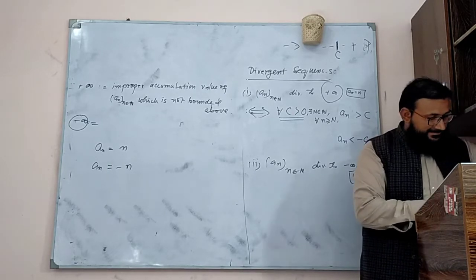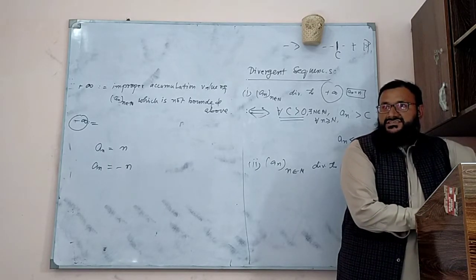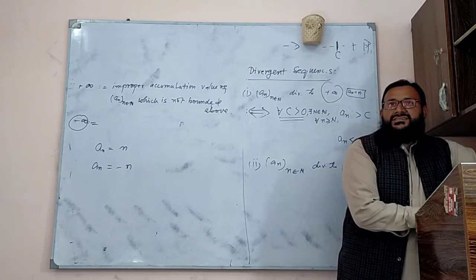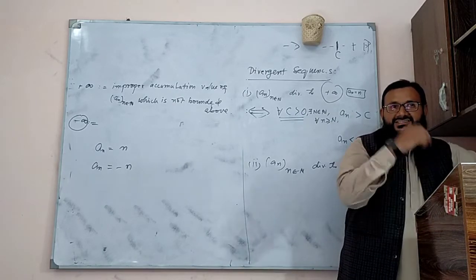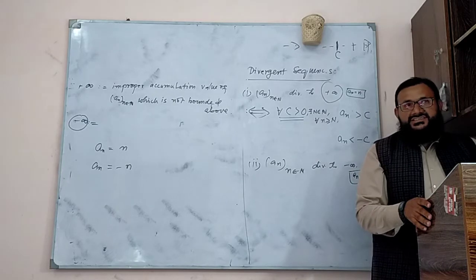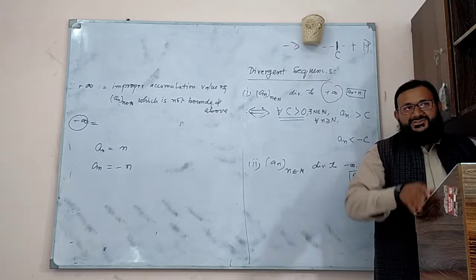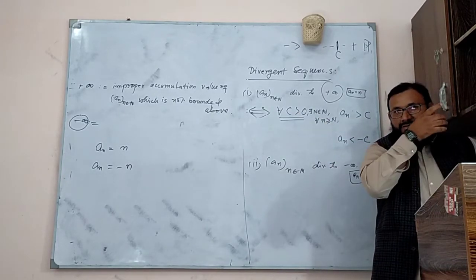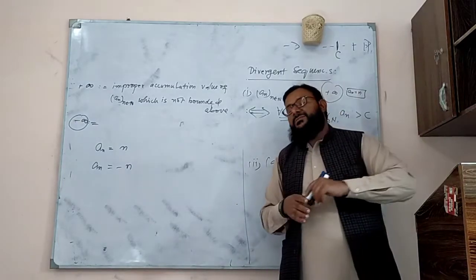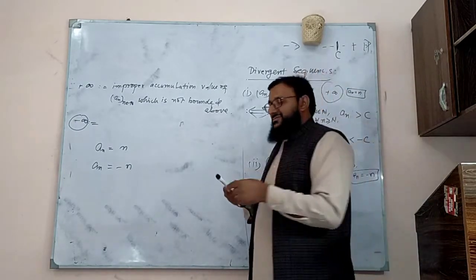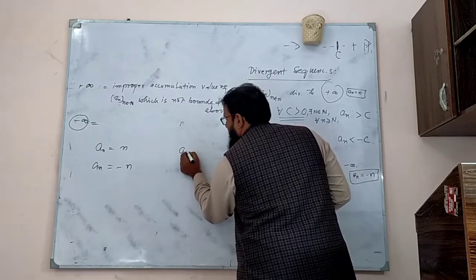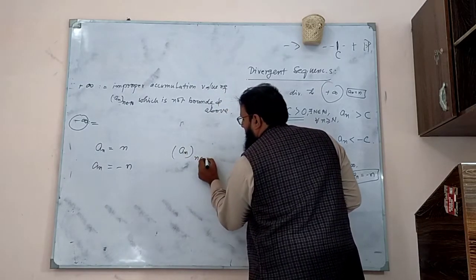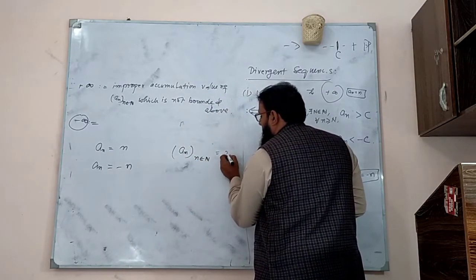Set of integers. But give me it in the form of a mapping or a sequence. Set of integers, you are okay with that. It goes to plus infinity, minus infinity. n times (minus 1) power n. It is defined in this case.